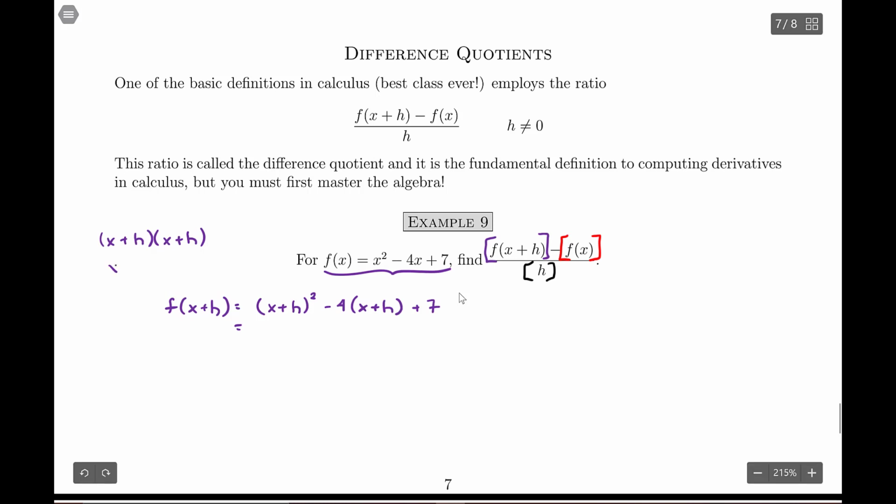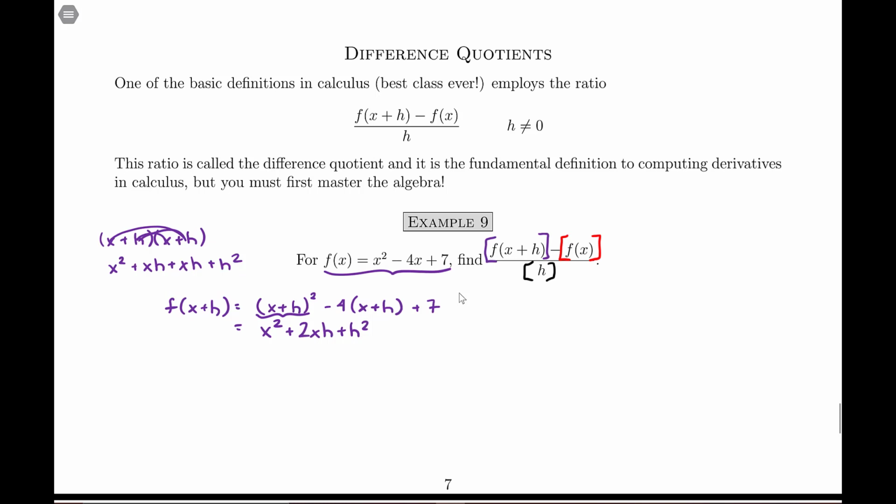But we have x times x is x squared, x times h is xh, h times x, we have xh again, and then h times h is h squared. So this simplifies to x squared plus 2xh plus h squared. Now that's just this (x plus h) quantity squared.